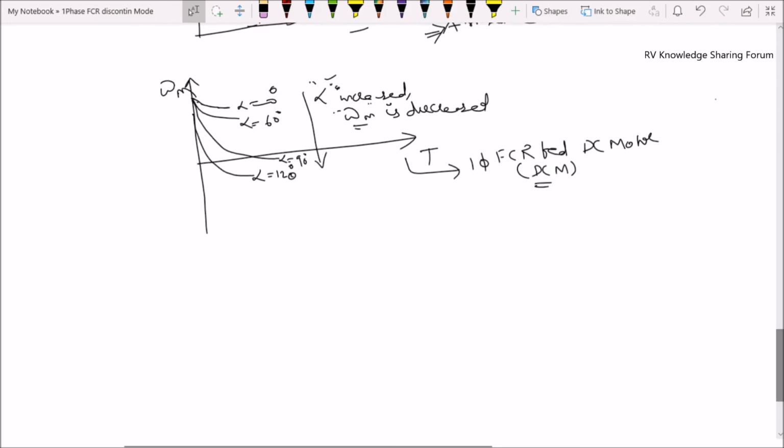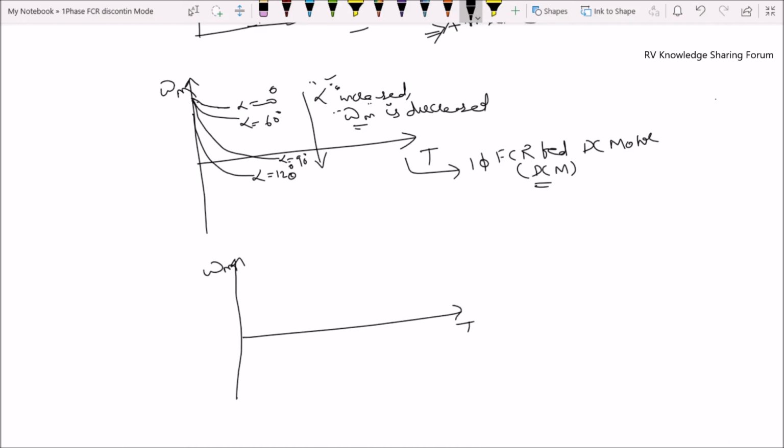The continuous conduction mode we have discussed in previous sessions, session 9 part 1 and session 9 part 2. The speed torque characteristics are the boundary between these two characteristics. Let me draw here.